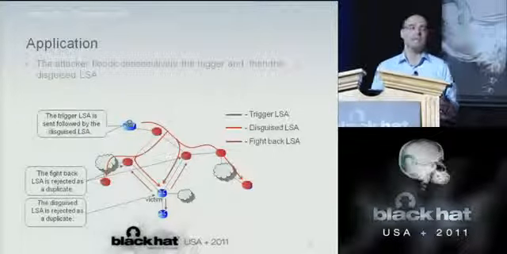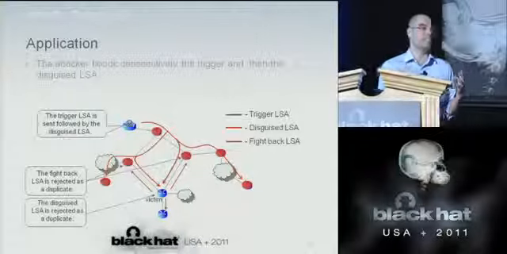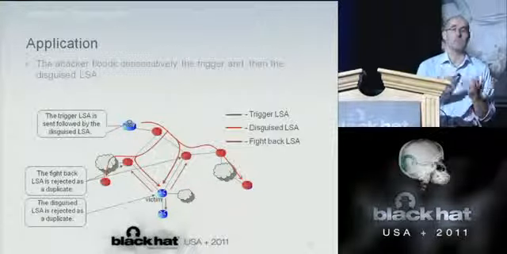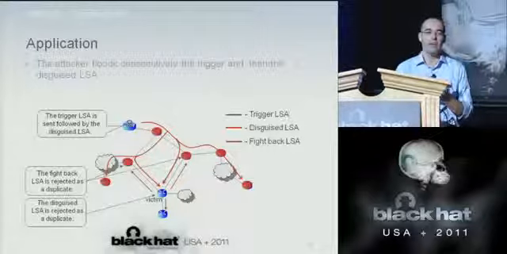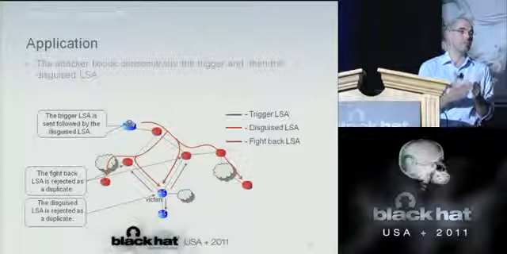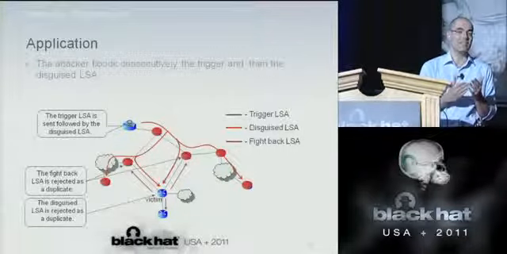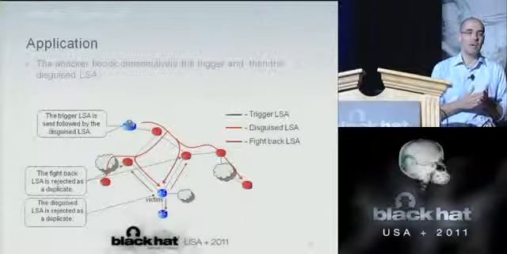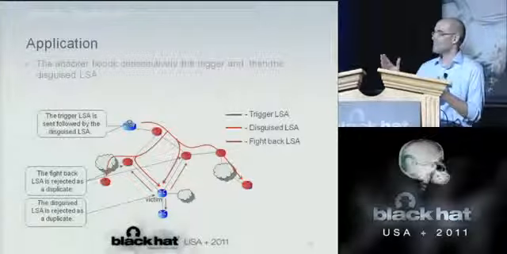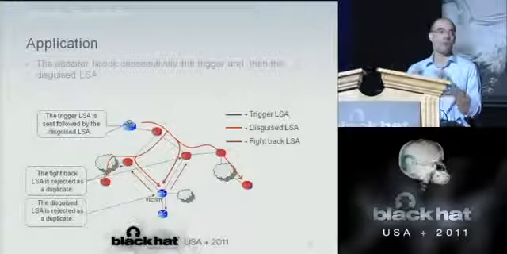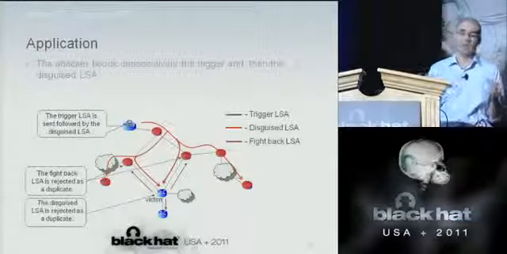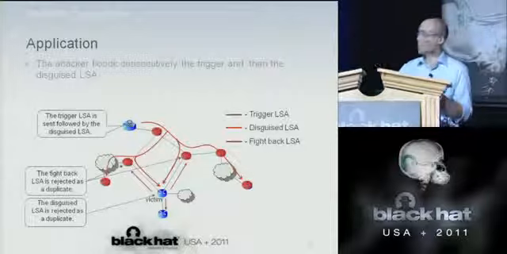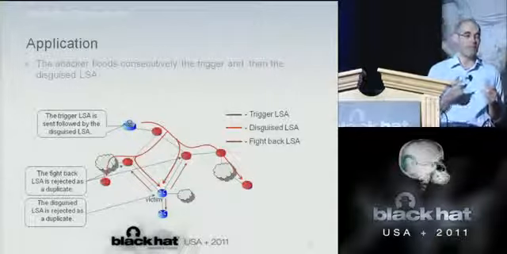In practice, we actually have a race between the disguised LSA and the fightback LSA. The LSA which reaches a router first wins. The second one will be regarded as a duplicate, which means that if the attacker wants to poison a lot of routers, he has to make sure that the disguised LSA reaches them before the fightback.